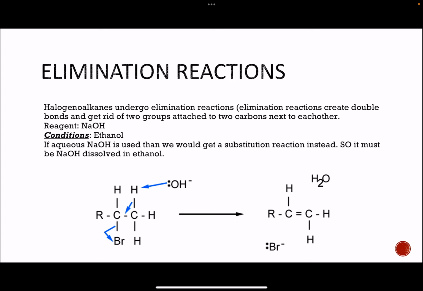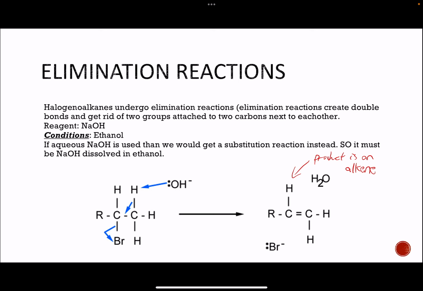Halogenalkanes undergo elimination reactions. Just to recall, an elimination reaction is where your product is an alkene. There's a double bond in your product. And so two groups are removed, and that's why the word eliminate is there, and you get a double bond.